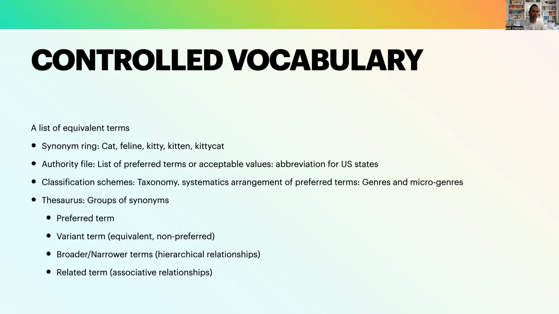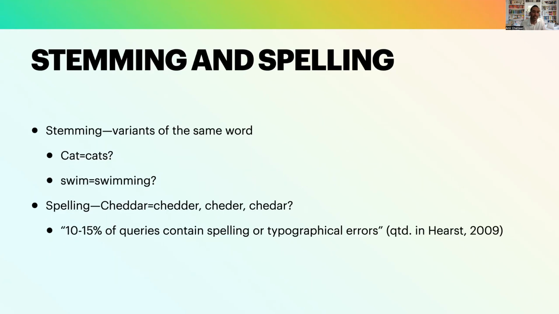So you want to use controlled vocabularies, different versions of a word, so that when a person enters something, all other versions of that word in the document, page, or piece of information are retrieved.